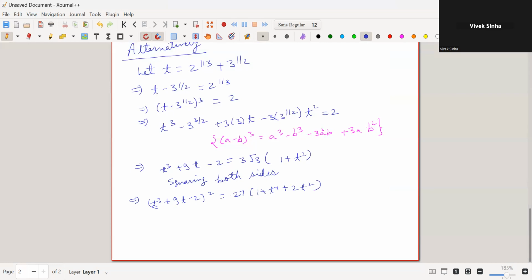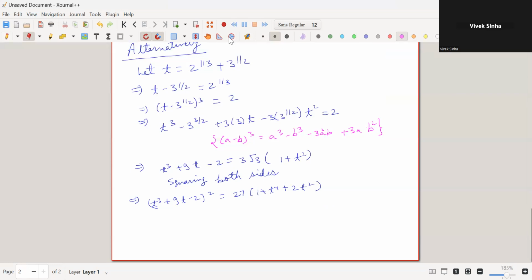So here you can use the identity (a plus b plus c) squared is a squared plus b squared plus c squared and so on, or even without using that you can say something.